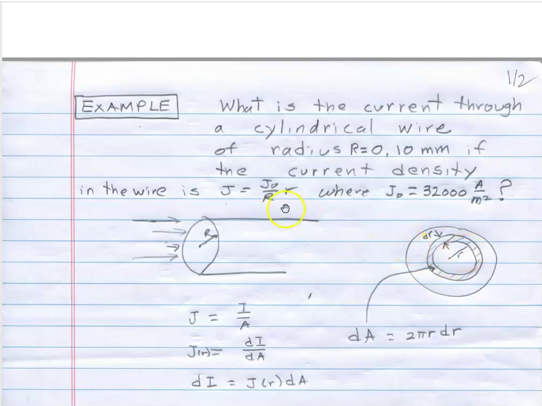Because that ring all has radius r effectively, and so the current density throughout all of this is J naught capital R over little r. I know that J is equal to I divided by area. Here I don't have all of the current going through this shaded area.